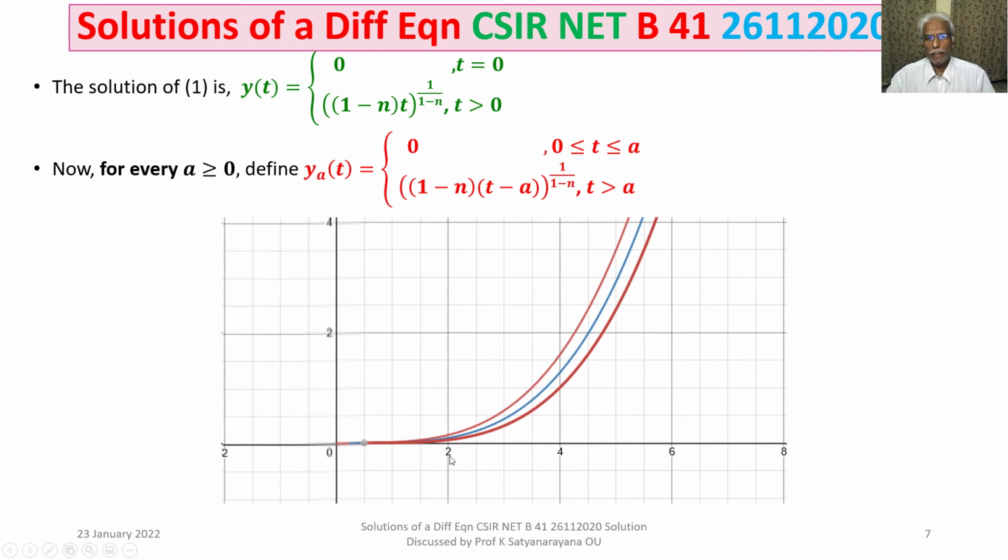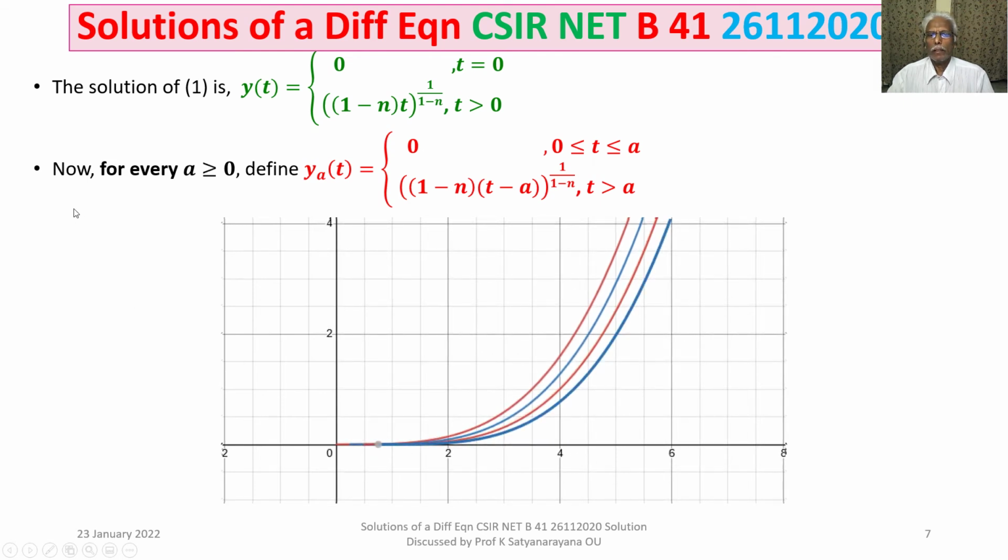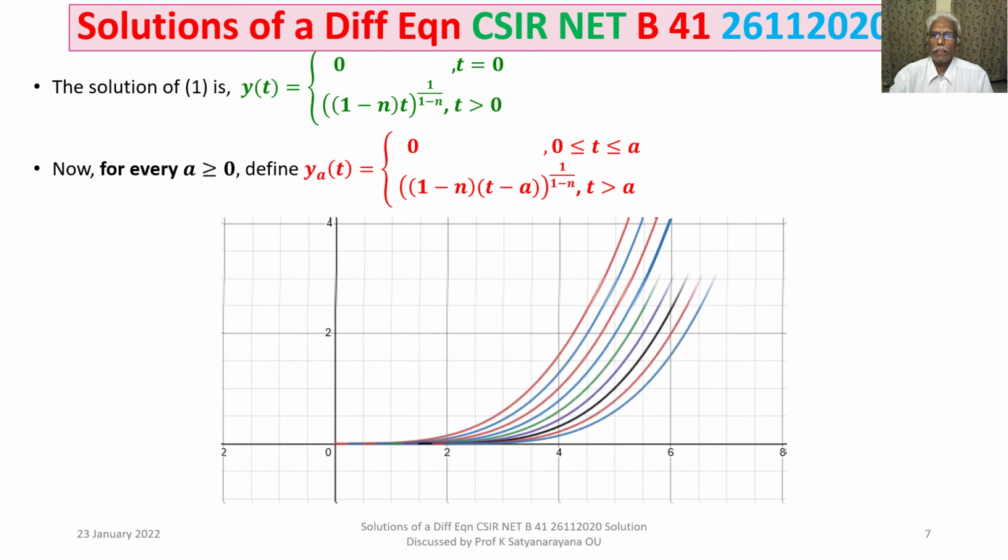And the next value of a gives this one, and it goes on taking different values. So what are you observing? For each a greater than or equal to 0, we are going to get a curve, and because a takes infinitely many values, you will have infinitely many functions like this.